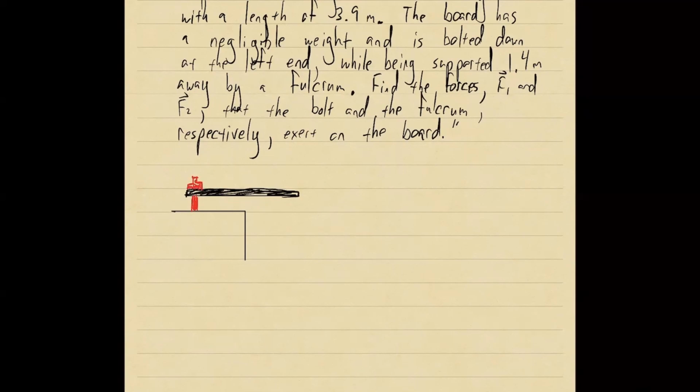That's the bolt. And we have a fulcrum right here, just kind of looks like a little triangle. And then at the very end, we have a person, a woman. So the problem is saying that the distance between the end of the diving board where the bolt is and the fulcrum here is 1.4 meters. And so we're trying to find the forces exerted on this diving board by this bolt and this fulcrum.